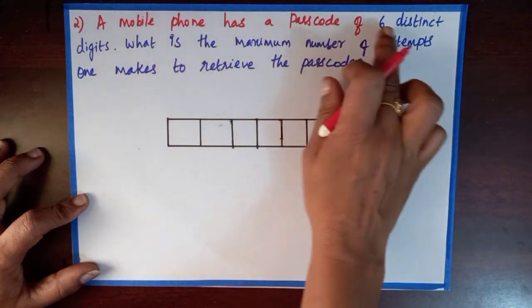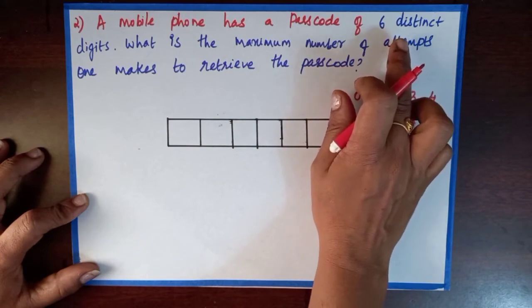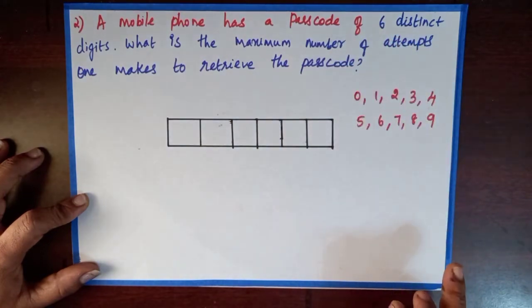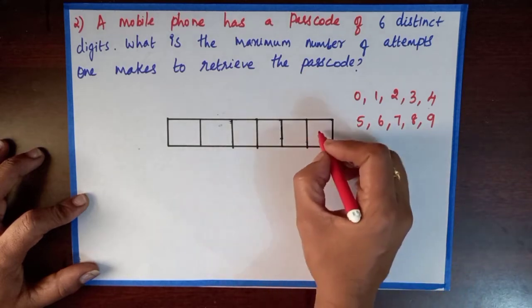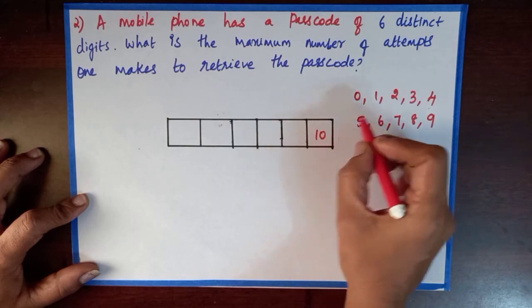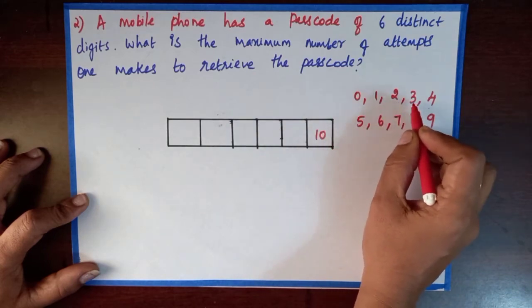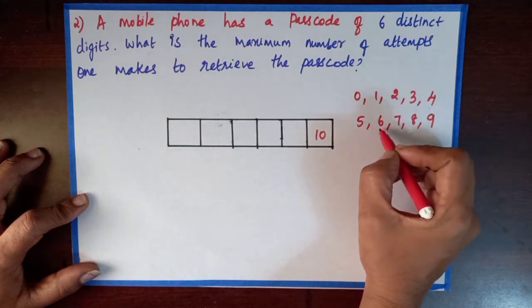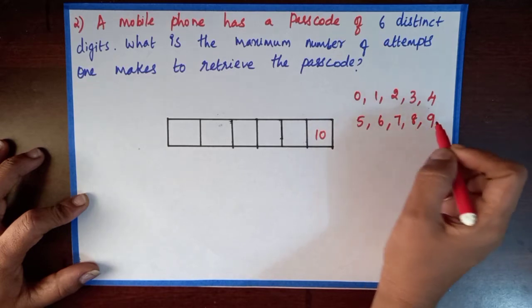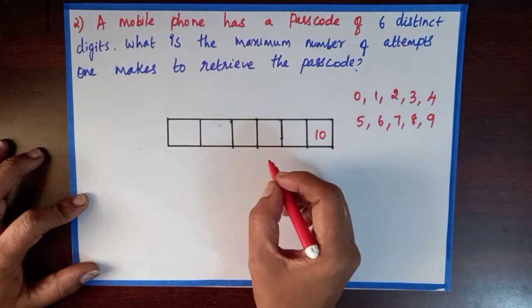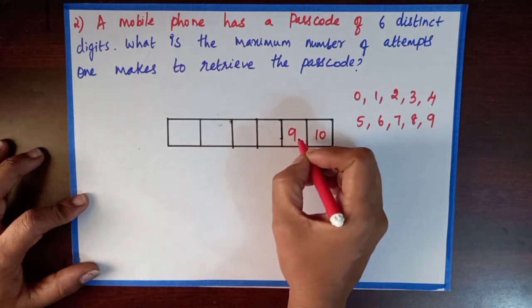Since the passcode has 6 distinct digits, the condition is that repetition is not allowed. So, the first digit can be tried in 10 ways using 0 to 9. Similarly, the second digit can be tried in 9 ways.